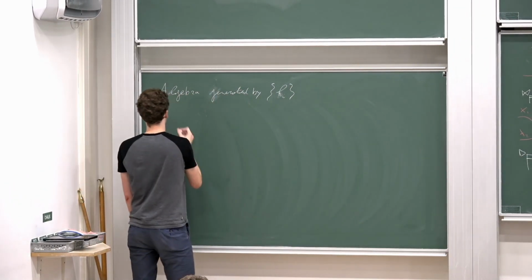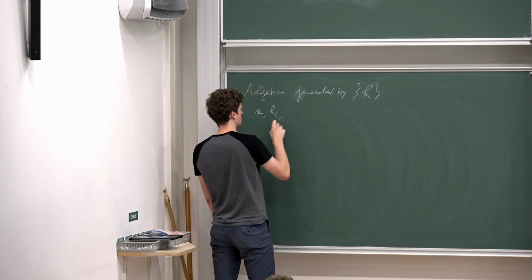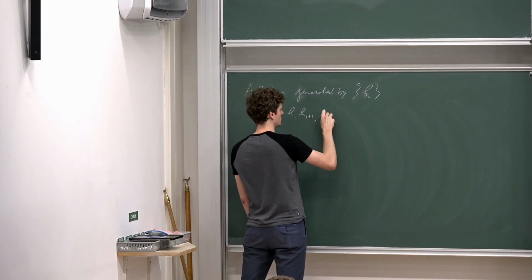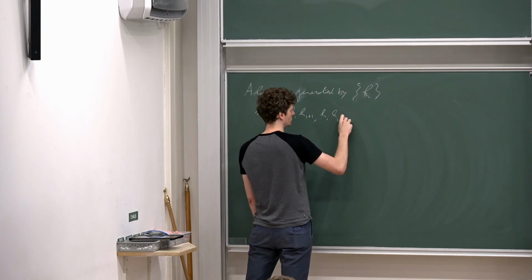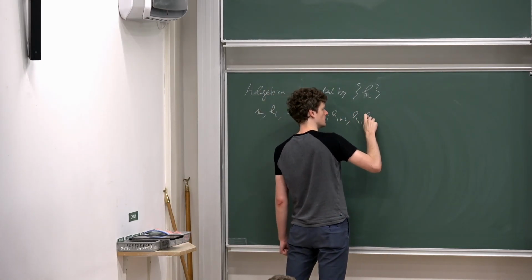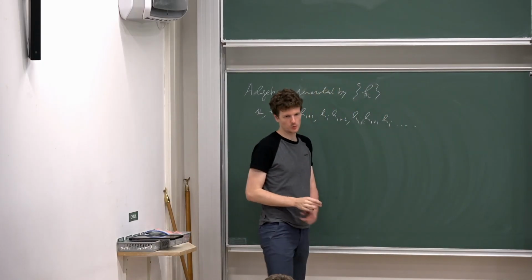What I mean by that is I'm looking at the identity, I'm looking at all the different H_i, I'm looking at H_i times H_{i+1}, H_i times H_{i+2}, H_{i+1} times H_i, and so on. So I take all possible products.